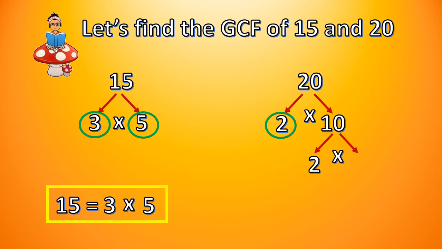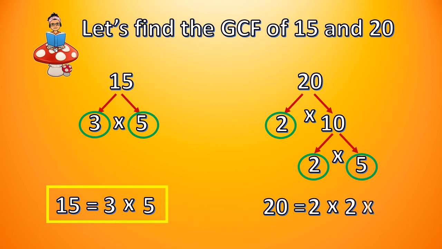We could multiply 2 times 5. Now 2 is already a prime number, so we stop here. 5 is a prime number, so we also stop here. So the prime factors of 20, we have 2 times 2 times 5. Did you get that? Okay.